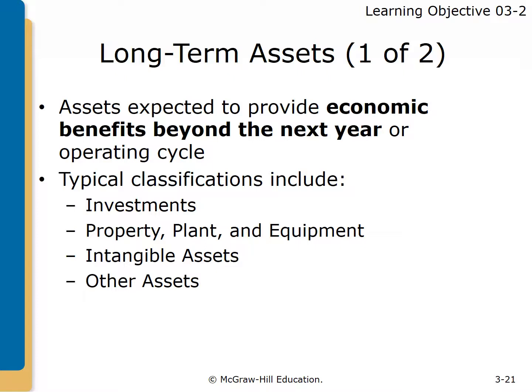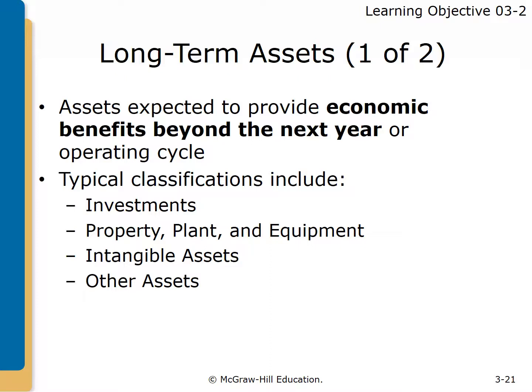Okay, so our next category are long-term assets. These are assets expected to provide economic benefit beyond the coming year, or they won't be used up. They'll be used not only in the coming year, but beyond, or operating cycle. And there's subcategories of long-term assets. We have a subcategory called investments, property, plants, and equipment, intangible assets, and other assets.